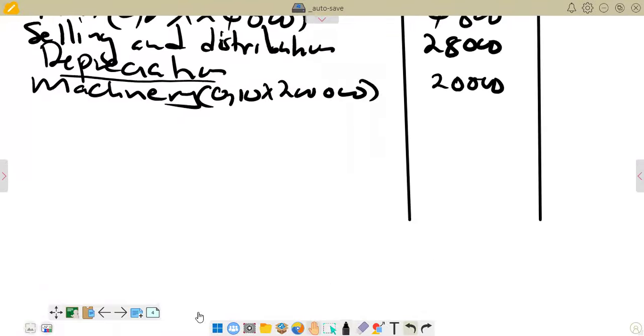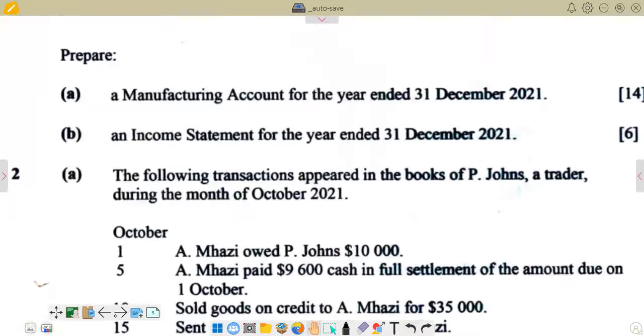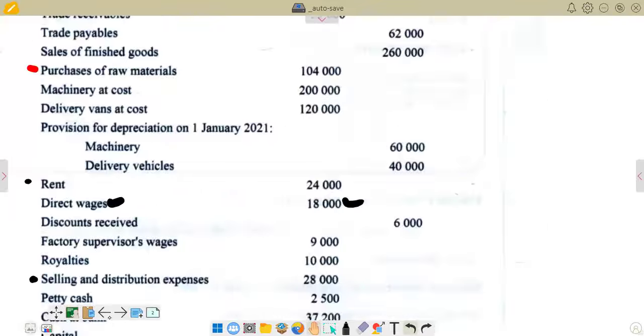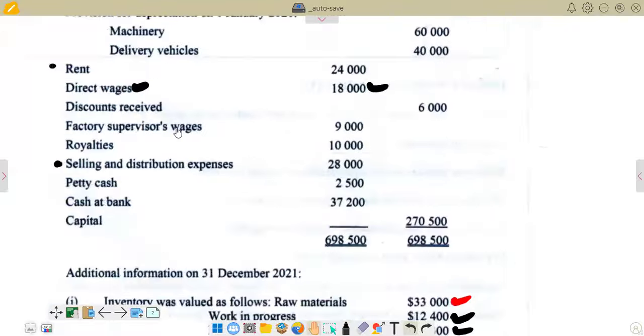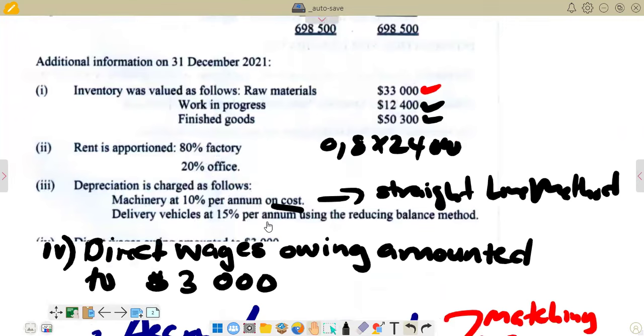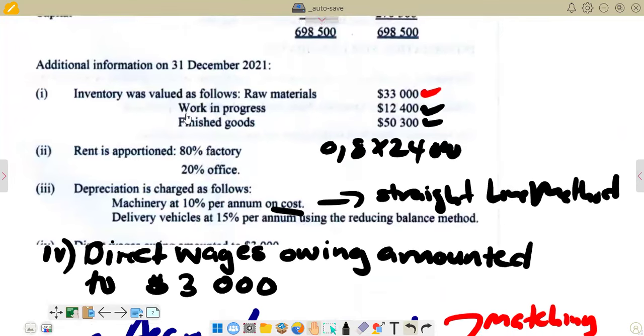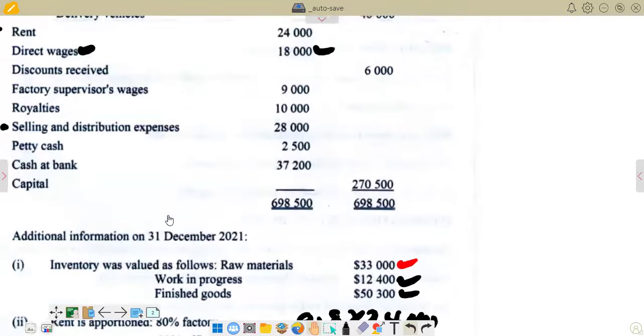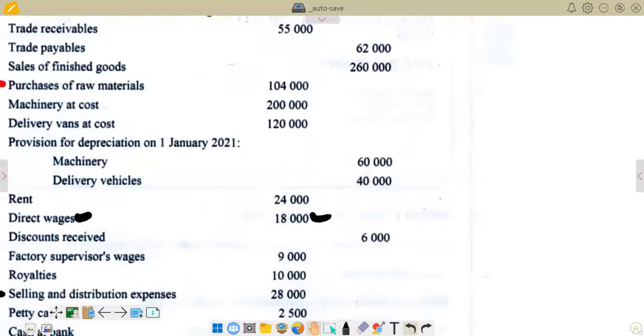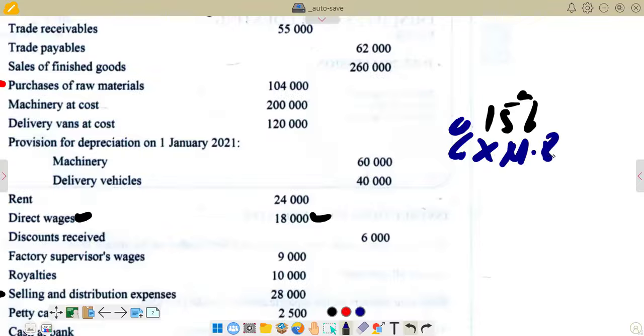Also, we have another that we are supposed to calculate for depreciation. We come here. We see that we are also given depreciation for delivery vehicles, which is 15% per annum using the reducing balance method. So for delivery vehicles, remember it's reducing balance, whereby the formula that we have for reducing balance is percentage times net book value.